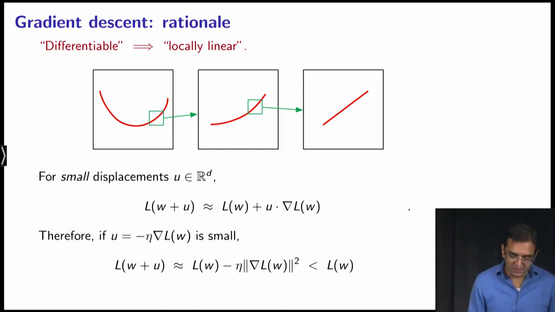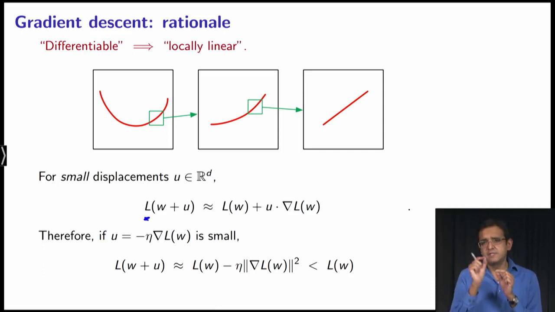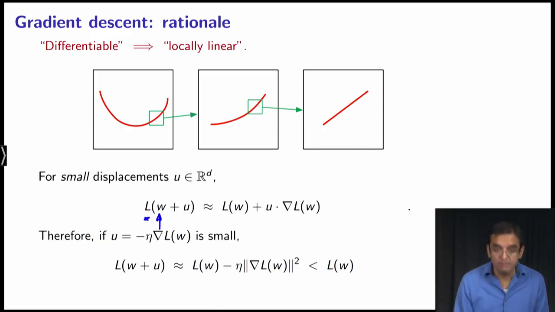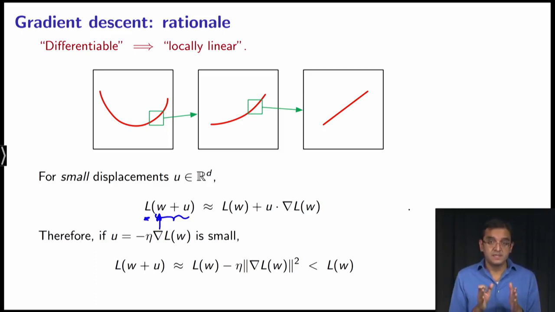So we have some loss function L, and we're going to look at it in just a very small neighborhood, a small neighborhood around the point W. Okay? So that means that the kind of points we're looking at are points very close to W, points of the form W plus U, where U is some minuscule displacement. Now, because this neighborhood is so small, the function is approximately linear.